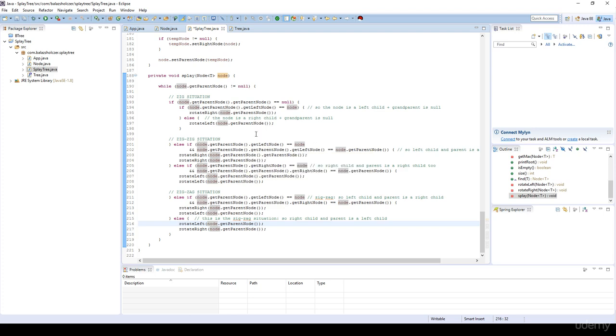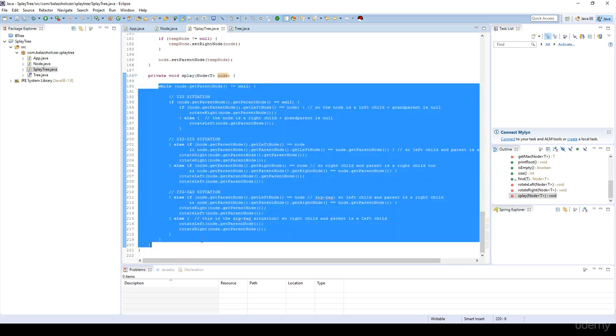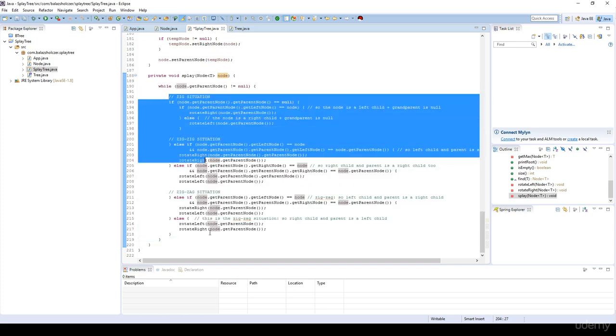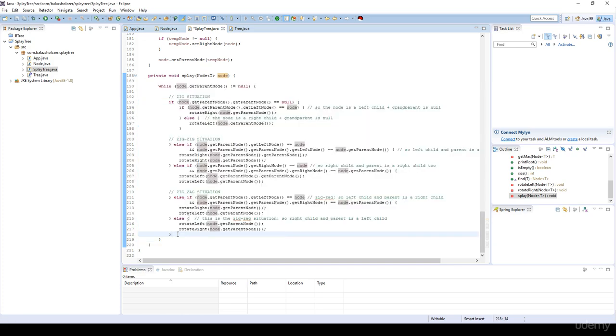We make rotations in order to make sure that the node is going to be the root node. It may happen that, for example, after the splaying, the tree is going to be much more unbalanced than it was before the splaying operation, but it doesn't matter. We don't want to make this tree balanced because we would like to implement caches with the help of splay trees. So that's all about the splay operation.